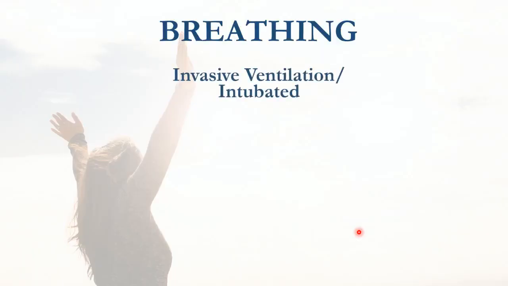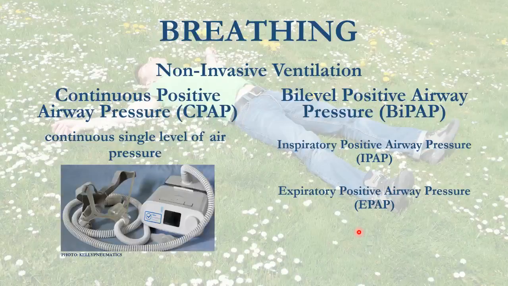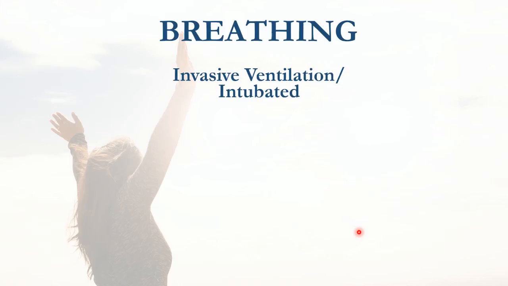Okay, under breathing, let's go to the invasive. These two are called non-invasive, but they are forms of ventilation, they help with the ventilation already. When you say invasive, something goes into the patient, into the throat, the windpipe or the trachea.